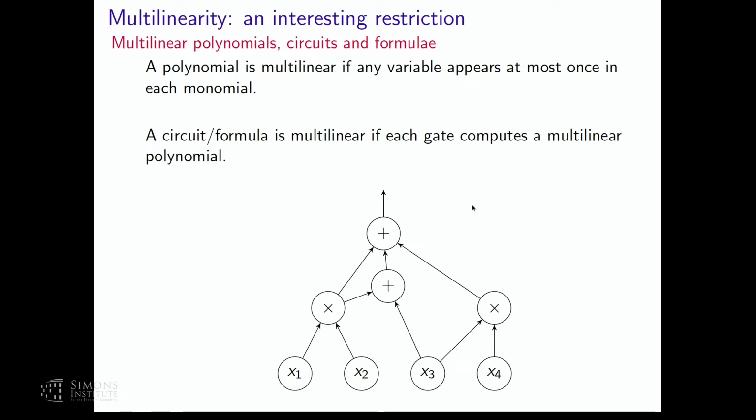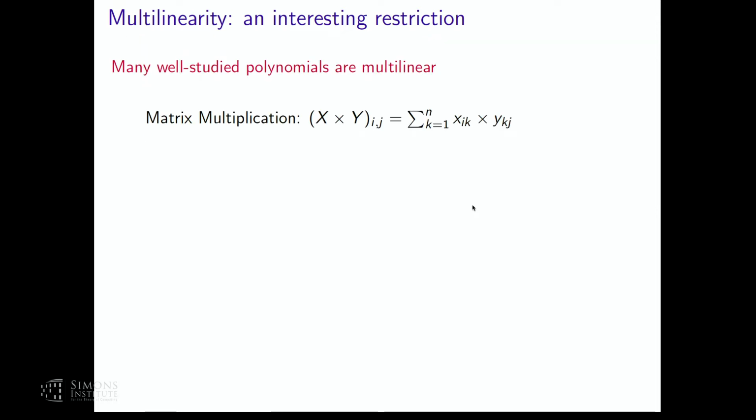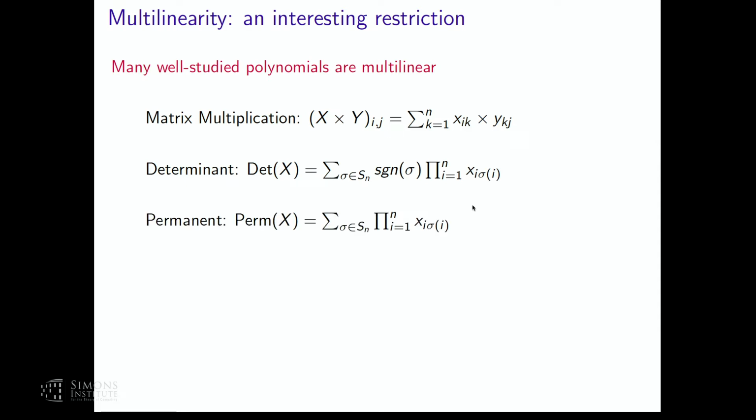All right, so multilinearity as a restriction has been studied in the past. Matrix multiplication is a topic we studied quite a lot in this workshop. These are very natural classes of polynomials that people consider which are multilinear, such as matrix multiplication, determinant, permanent. These are bread and butter for most people here.